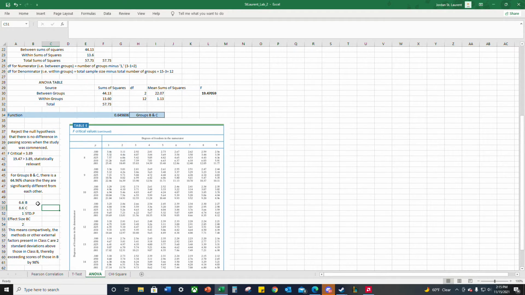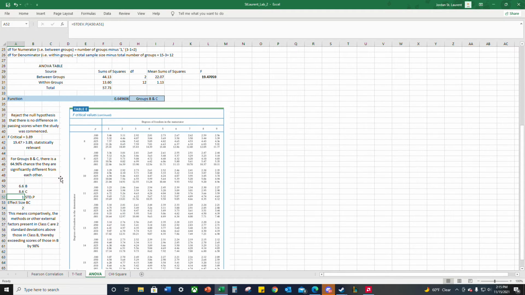But then what does this mean in terms of effect size? Well, effect size is determined from the average of group B and the average of group C divided by the standard deviation of the population, which gives us an absolute value of 2. What this basically means is that comparatively, the values in C are 2 standard deviations above those in group B, thereby exceeding the scores in B by 98%.